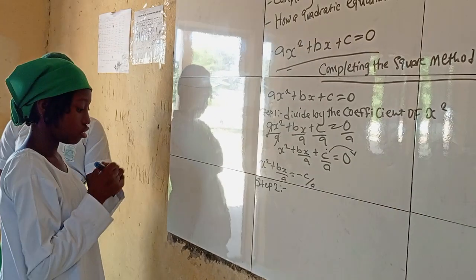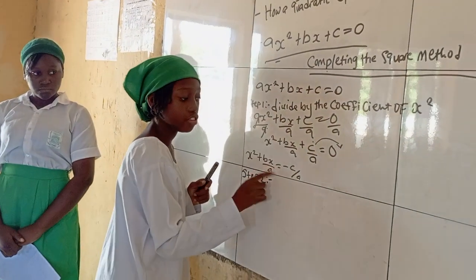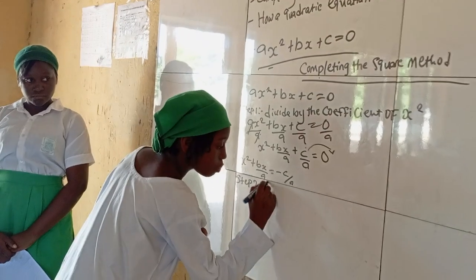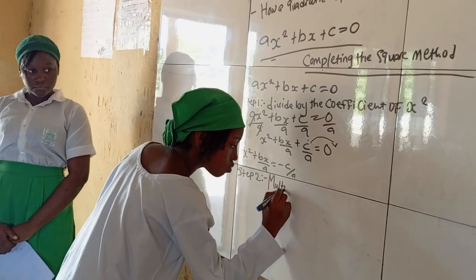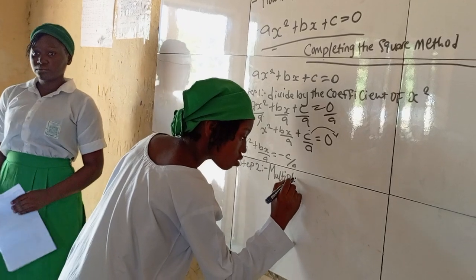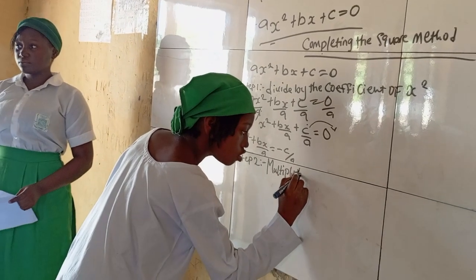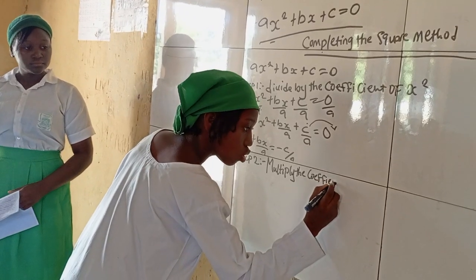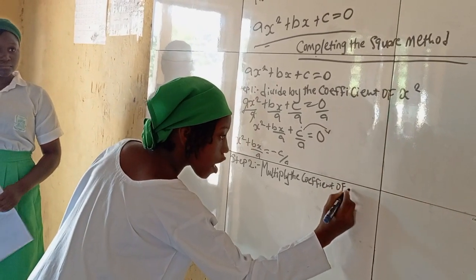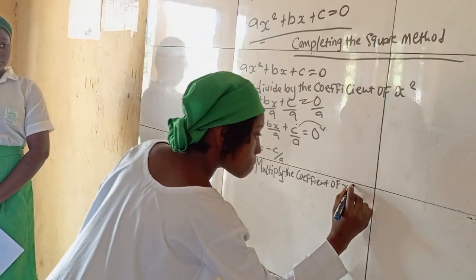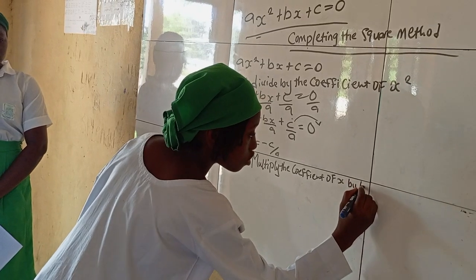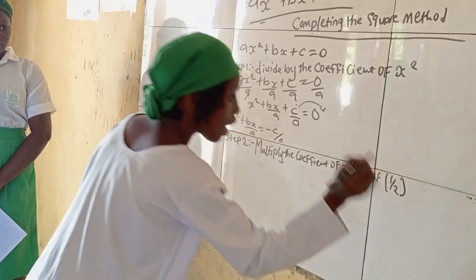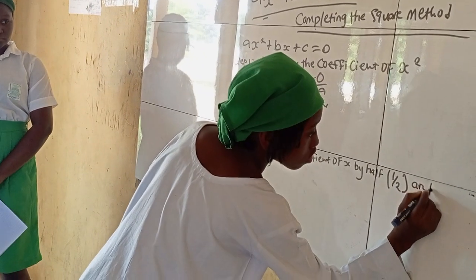Then step 2. The next thing we will do is multiply the coefficient of x by half, which is 1 over 2, and then you square it.